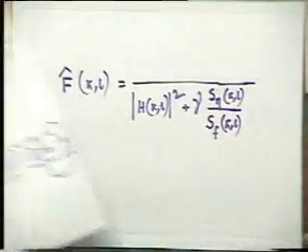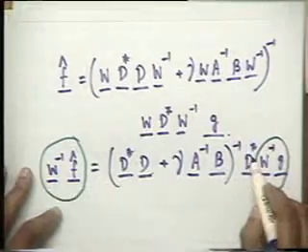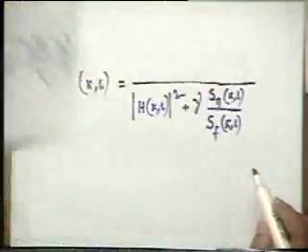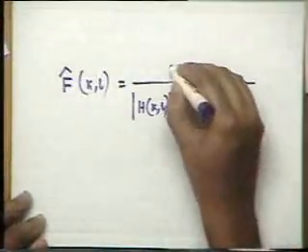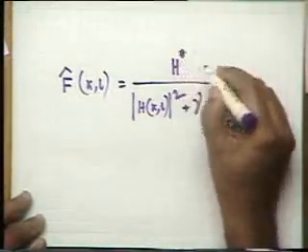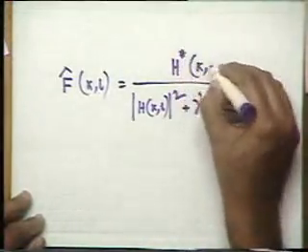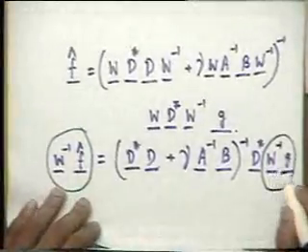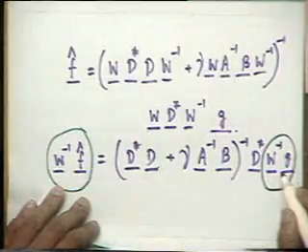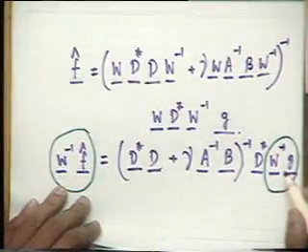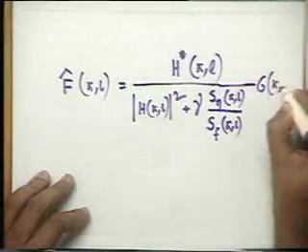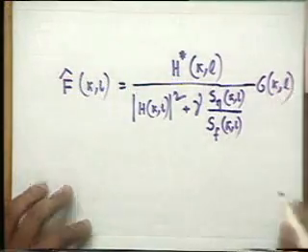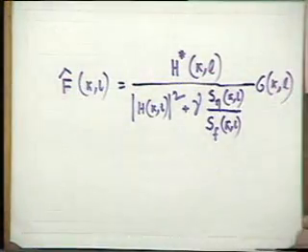In the numerator we get D star, so in place of D star we will get H star KL. And what else remains? W inverse G. What are we going to write there? Capital G_KL, indicating the Fourier transform of the degraded signal, G_KL.